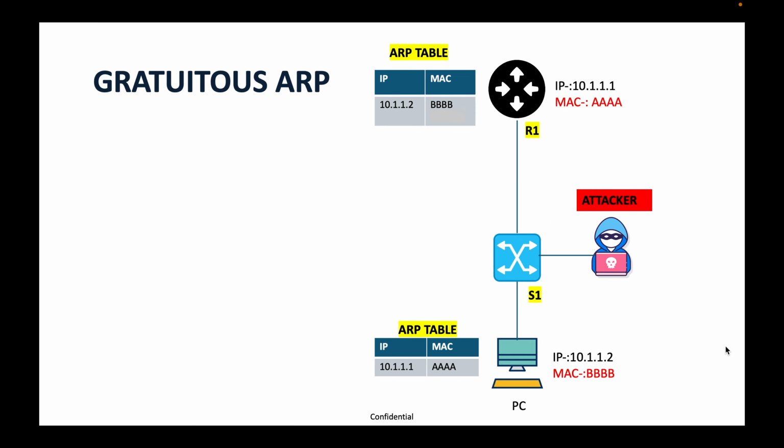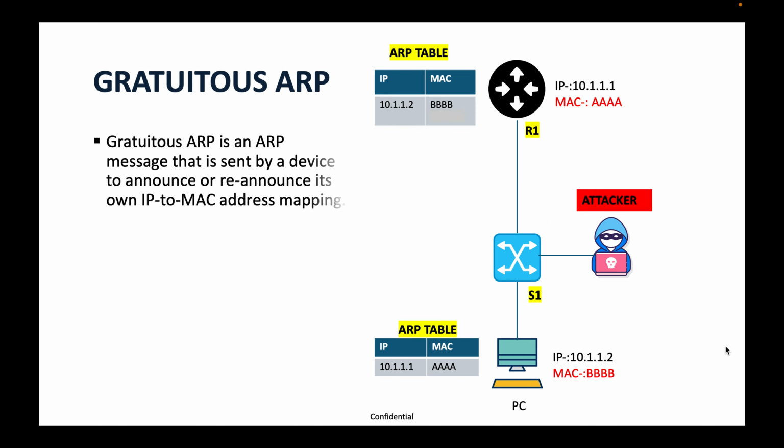So gratuitous ARP is an ARP message that is sent by a device to announce or re-announce its own IP to MAC address mapping. Attackers use gratuitous ARP to update the ARP cache of other devices with false information.